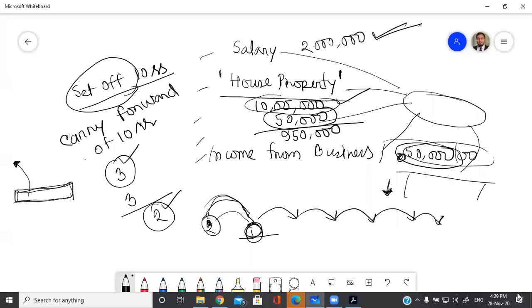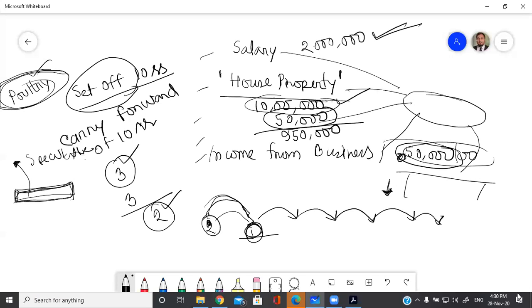Say you have income from poultry business. Is poultry a speculative business? In most cases, poultry business is not a kind of speculative business. So it has been said that you can set off the loss from a speculative business against the income of another speculative business, but you cannot set off the loss from a speculative business against any other head or against any other income from business.